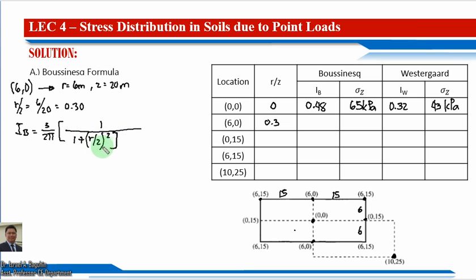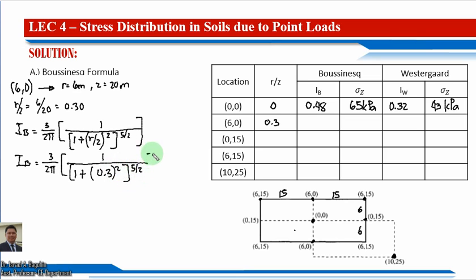Okay, and then this quantity raised now to the power of 5 halves. So substituting it here, we have now this I sub b is equal now to 3 over 2 pi times this 1 and 1 plus our r over z here, which is just 0.3 squared, raised now to the exponent of 5 halves.